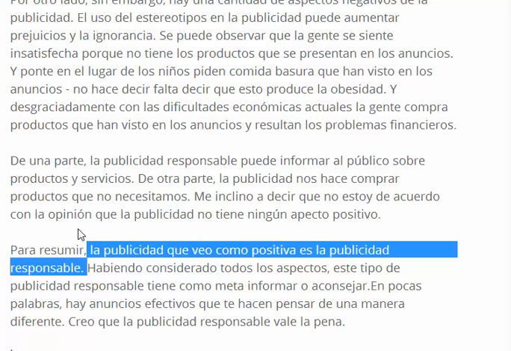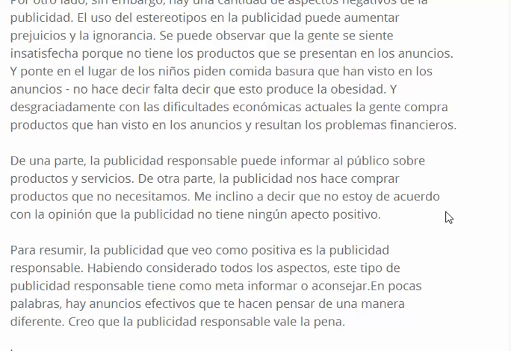So there you're saying what you really think, how positive publicity can be, responsible publicity. In other words, it is a positive thing, which is in contrast with what is suggested, whether you're in agreement or disagreement, which is talked about in the essay title.